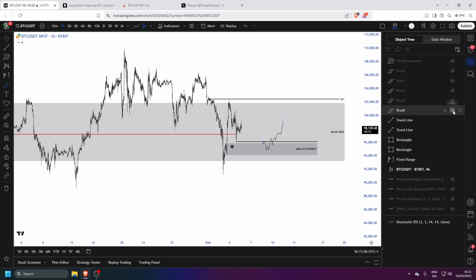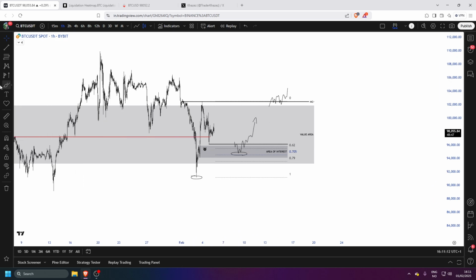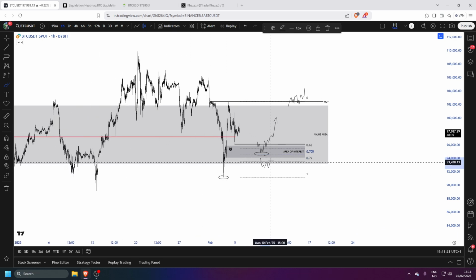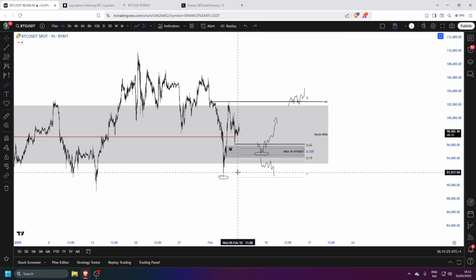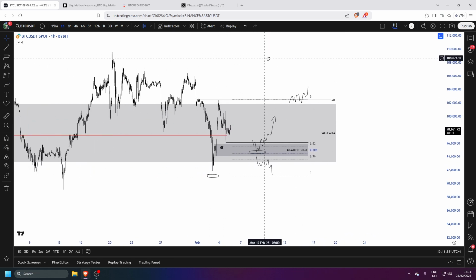So yeah, I just drew this. Let me just add all of these back. So basically, this is what I want to see. I want to see price make a low hold, a higher low formation. I don't want to see price really go below here, start taking out this significant low that we made during the Monday nuke that we had.